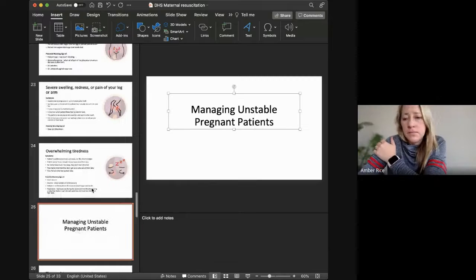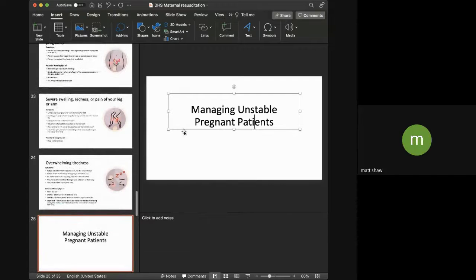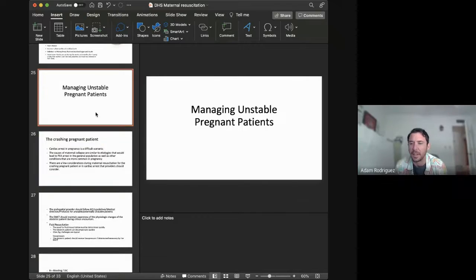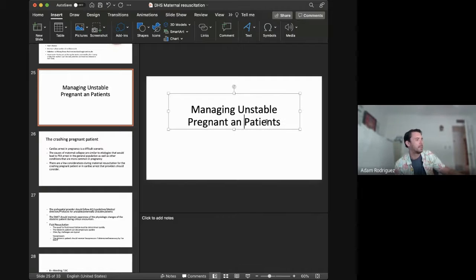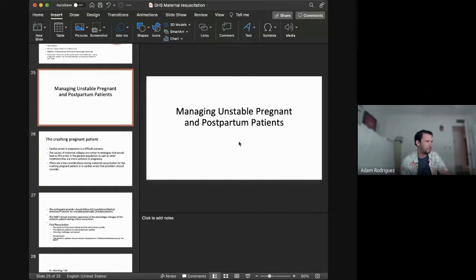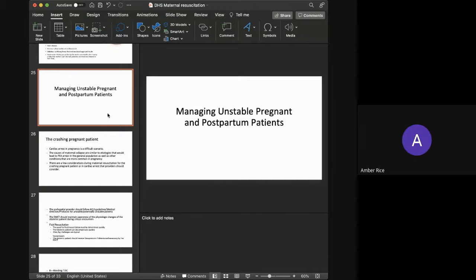Yes, right. So maybe saying unstable pregnant patients might not be 100% accurate if they're not pregnant anymore. Maybe we should still say pregnant and postpartum patients. Yeah, I agree with that. Very good. Yeah, that sounds good.